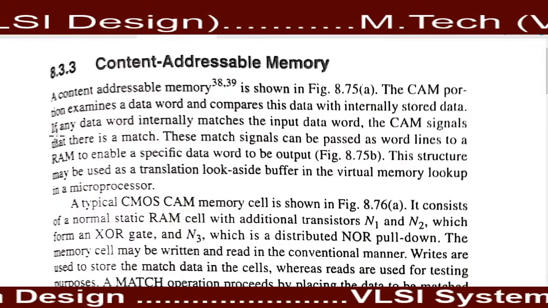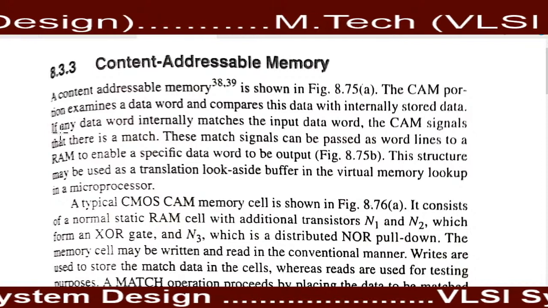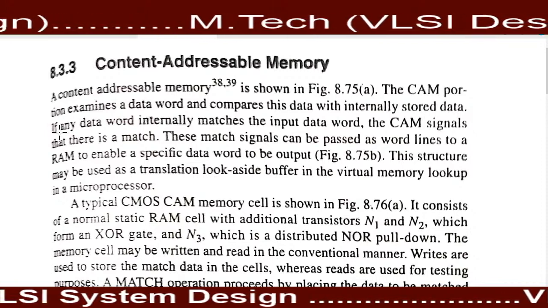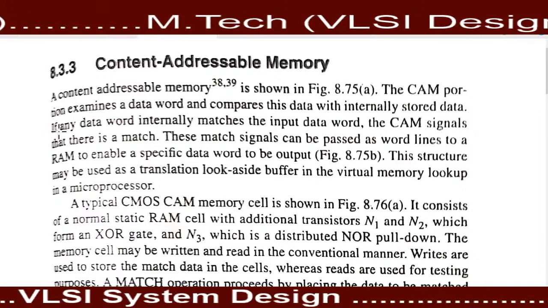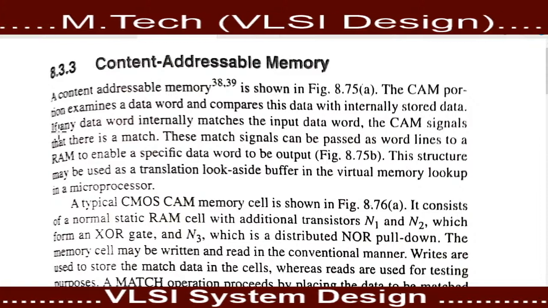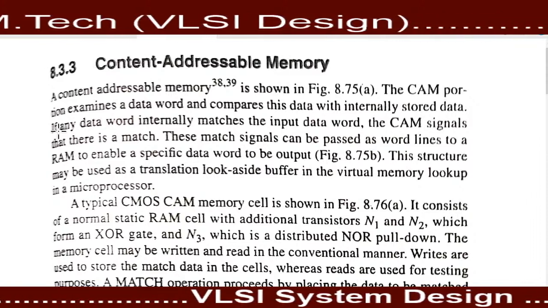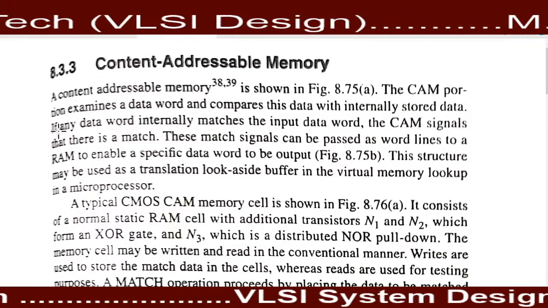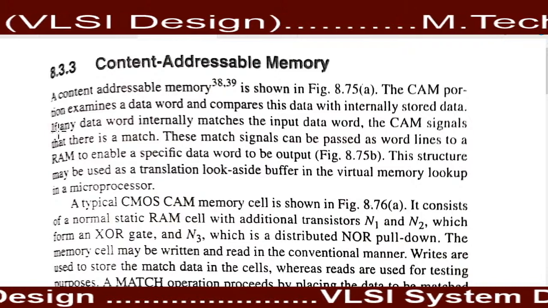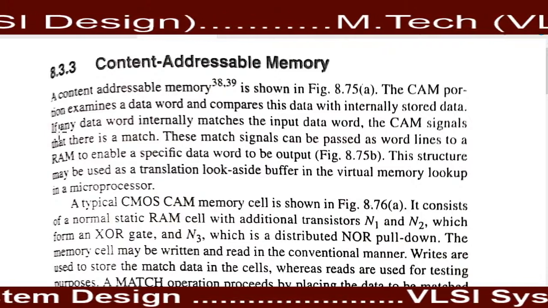In this type of memory, we can do both operations. That means we can do the read operation as well as the write operation. This type of memory is also independent of the location from which we extract the data from the cell.